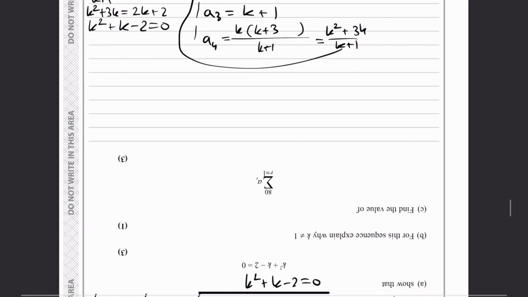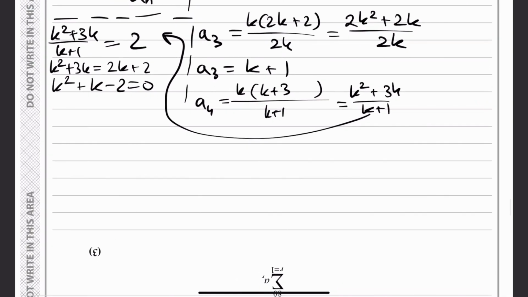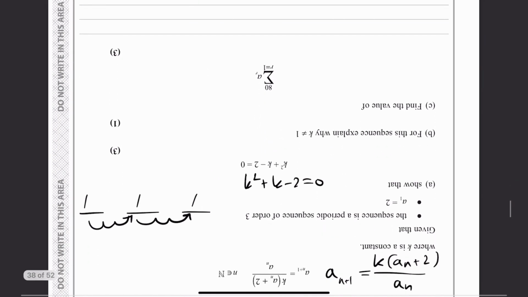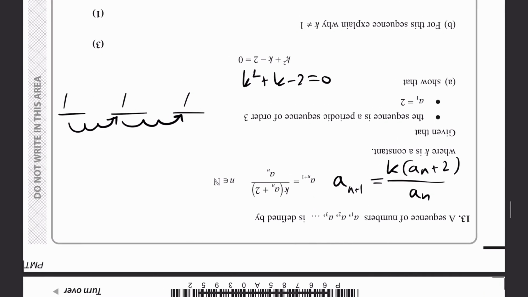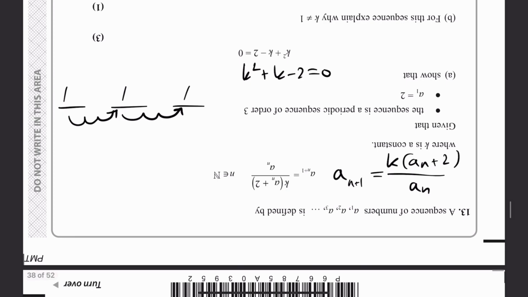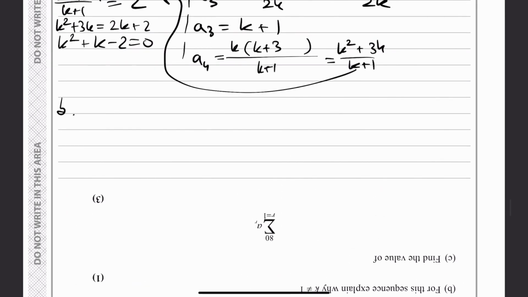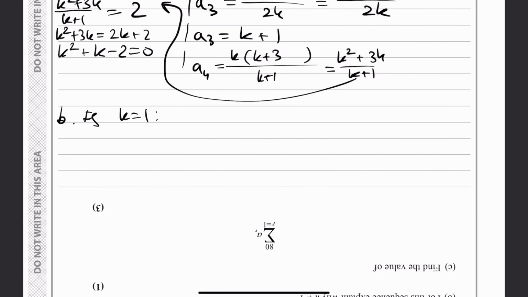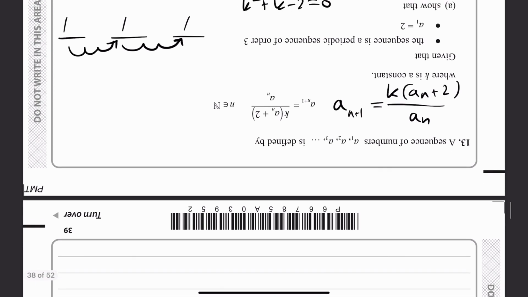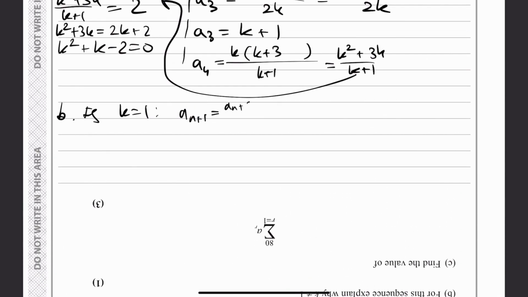For this sequence, explain why k cannot be 1. Well, if k was 1, then the sequence is given by this: a n plus 1 is 1 plus 2 over a n.